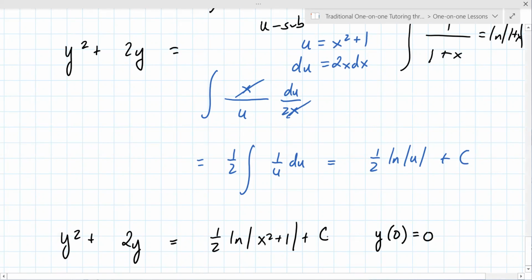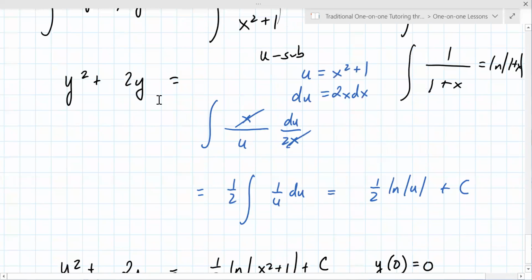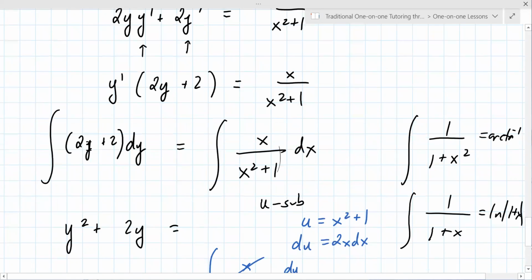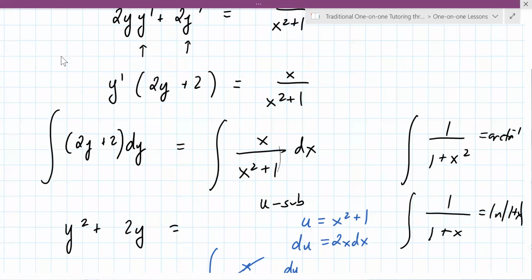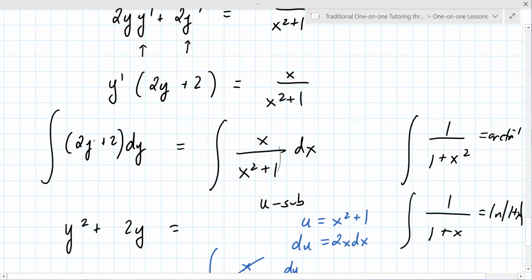What were you going to tell me, or was it something else that I missed? When you turned 2y into the antiderivative y squared, isn't the formula for antiderivative the variable n plus 1 over n plus 1? Yes. So let's look at that. So it's y to the 1.